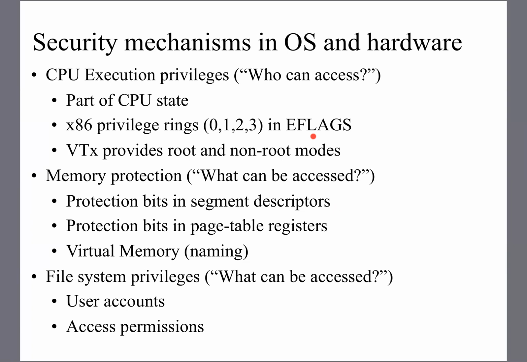So for example, if the operating system is accessing its memory, then the page table entry protection bit would be 0, the segment descriptor's 2 bits would be 0, 0, and the EFLAGS would say that the process currently running on the CPU has privilege level 0. And likewise, if a user space process is running, then the page table entry would be 1, the segment descriptor would be 1, 1, which corresponds to 3, and the EFLAGS register should be 3.